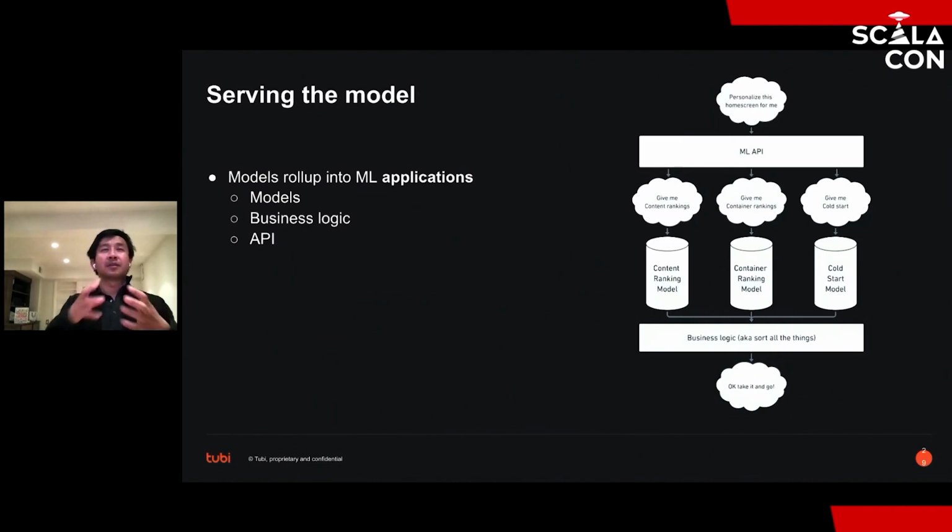So let's continue with this Russian nesting doll, wrapping things into bigger things. All of these recommender models then roll up into what we call ML applications, which come with an ML API, a set of models and business logic that defines how to put these model results together, and all of that is wrapped into one service.